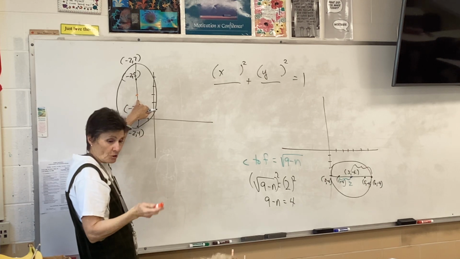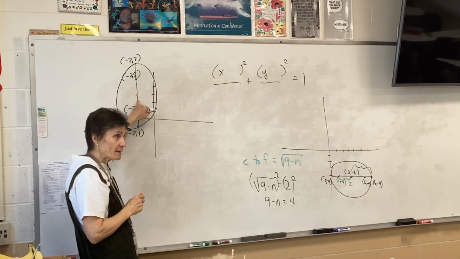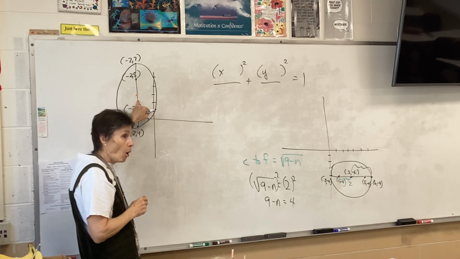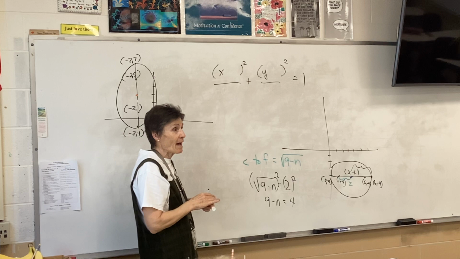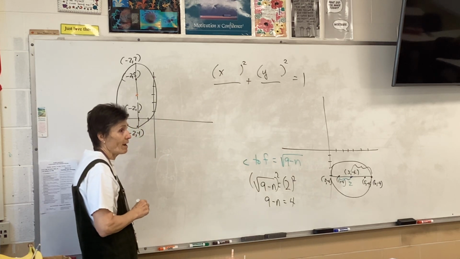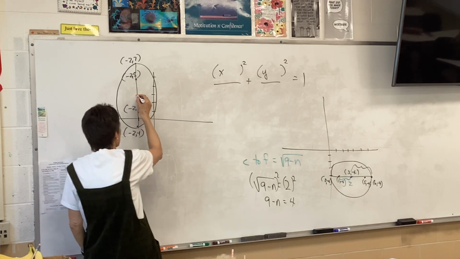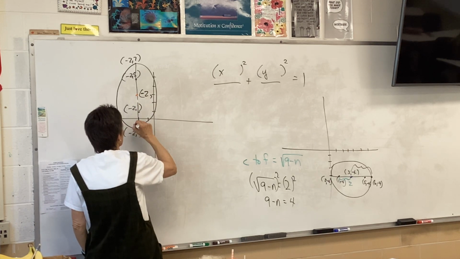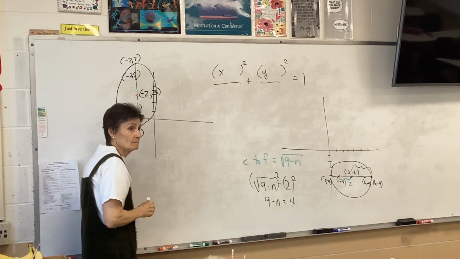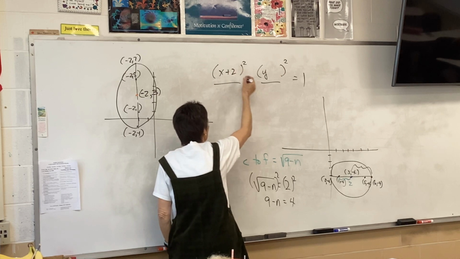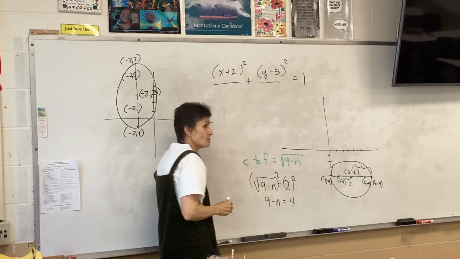On your graph paper, you should be able to figure that out pretty easily. You can always do the midpoint formula by averaging. But you don't need to when you have a nice little graph like that. What point is right there in the middle? (-2, 3). There's my center.